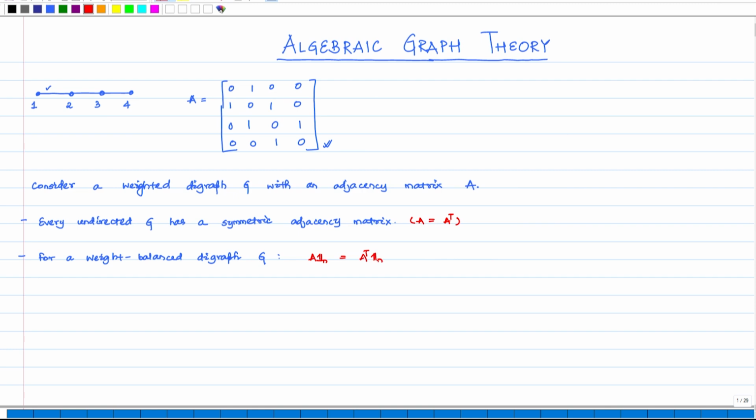A transpose 1_n. So, what does this mean?